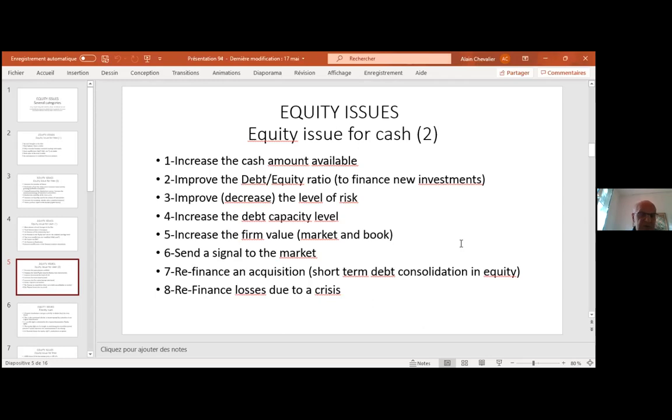Perhaps the new cash will be invested into an acquisition or a new investment, which is supposed to bring new cash flows, and the net present value of these expected new cash flows, plus the cash value, which is raised, increase the firm value.